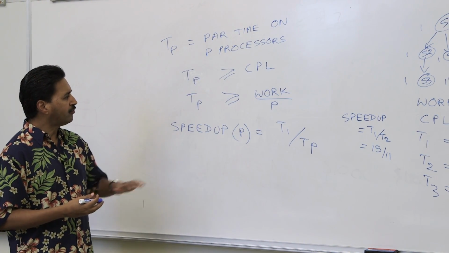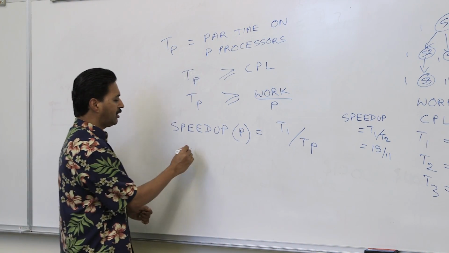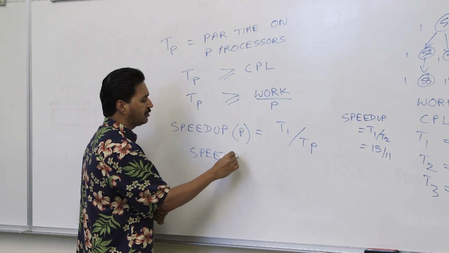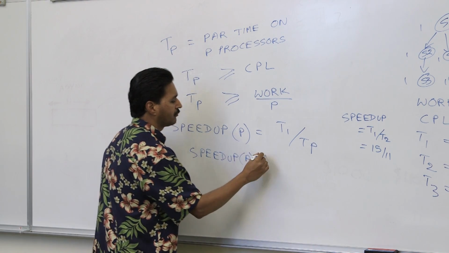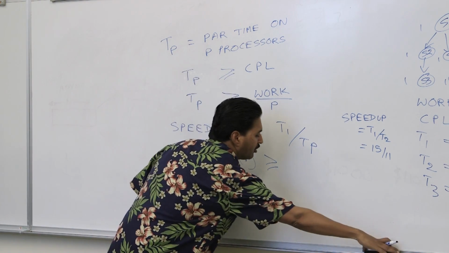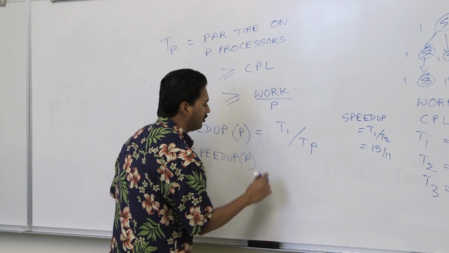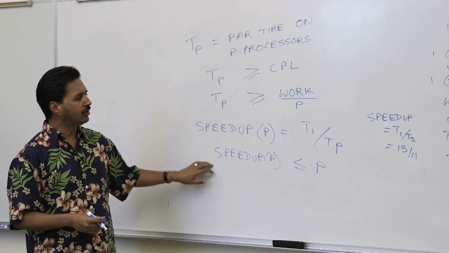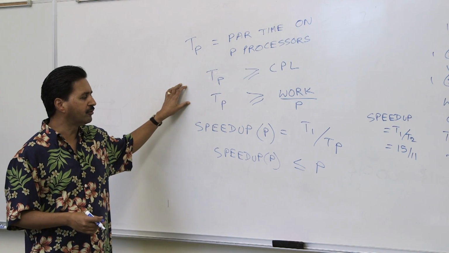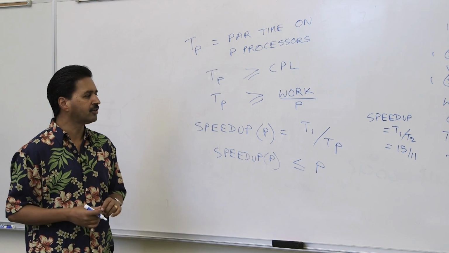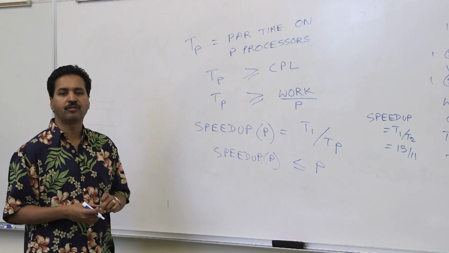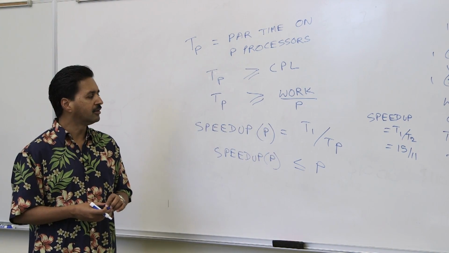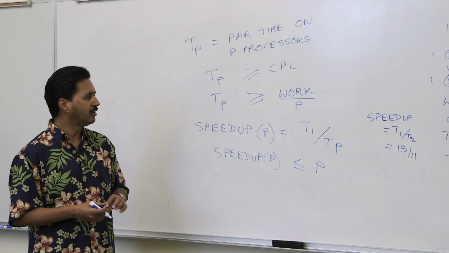One observation that follows from these inequalities is that the speed up with p processors must be at most p. You can think about it analytically or intuitively. Intuitively, you're throwing p processors at a computation graph. You can do no better than going p times faster than the time on one processor.